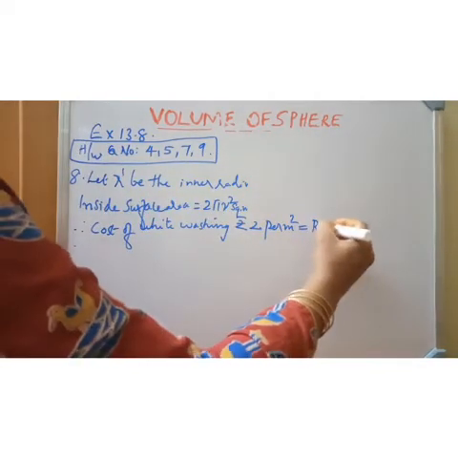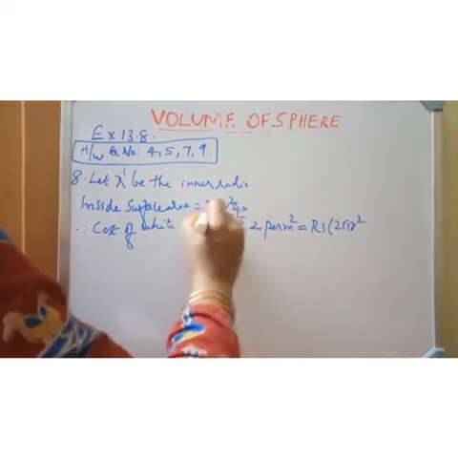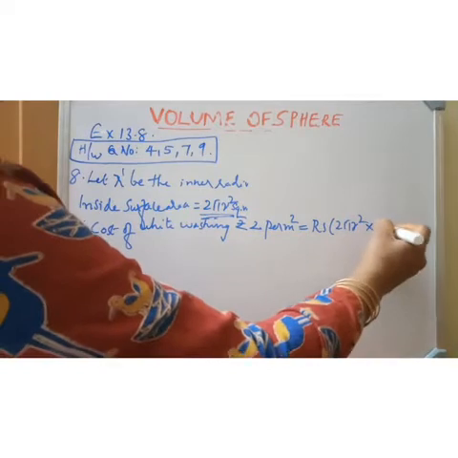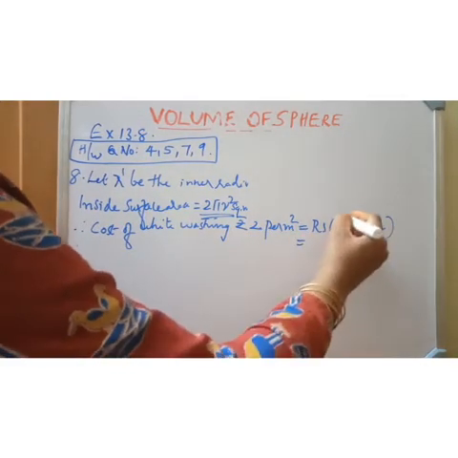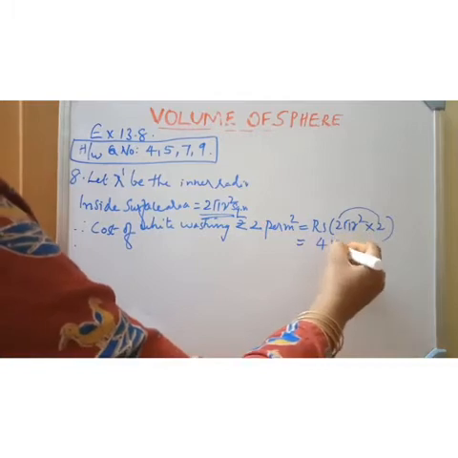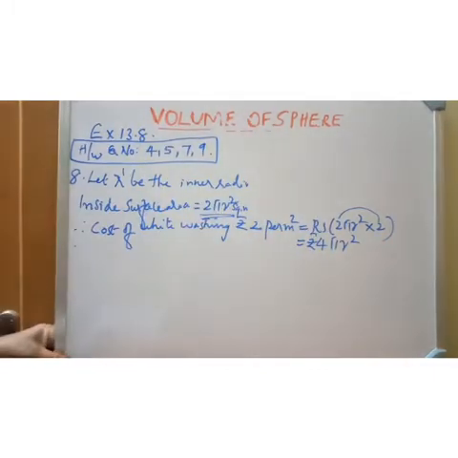Rupees 2 pi r square. This is the area. Area multiplied by 2, isn't it? Because 2 rupees only we are considering. So 2 2s are 4 pi r square. This much rupees. Cost is in rupees. Okay. So 4 pi r square rupees only we are getting for cost of whitewashing.